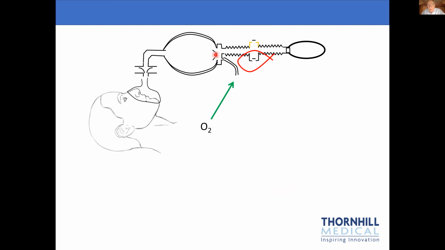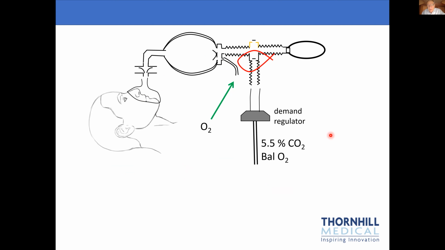So what about this? There's an inspiratory relief valve in the self-inflating bag. What if we just took a demand regulator? This is the same scuba demand regulator that divers use. It cost me $125 in the scuba store when I tried this. And I got a tank of 5.5% carbon dioxide. That's a PCO2 of 40, approximately, at sea level. And that was it.